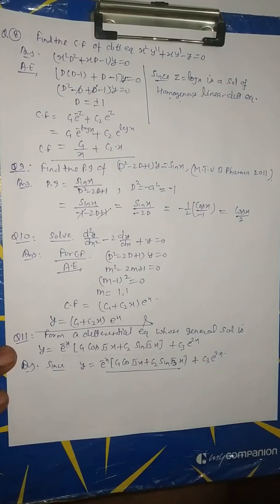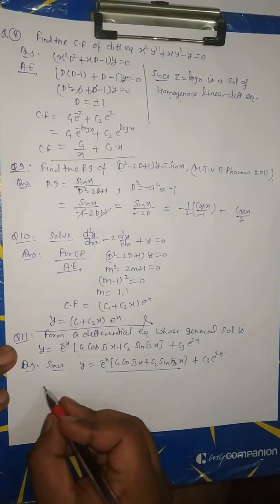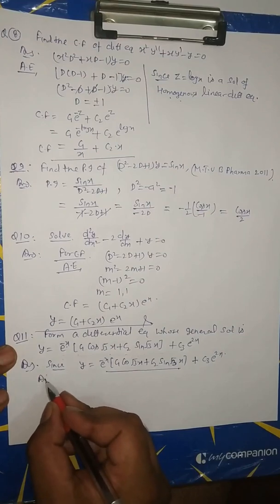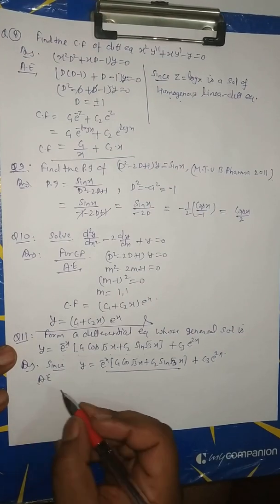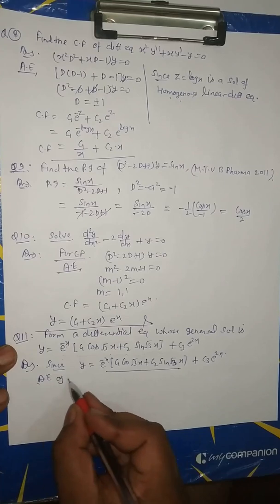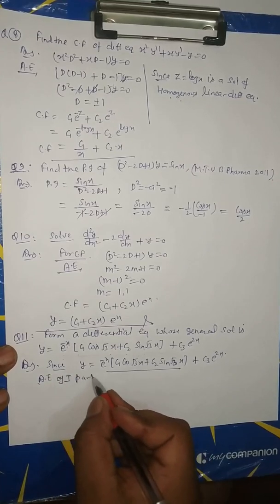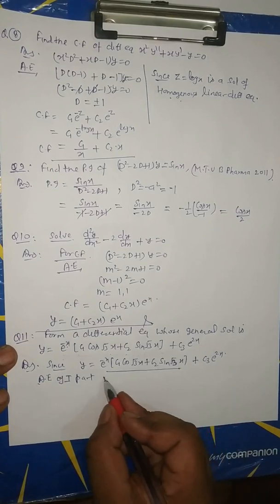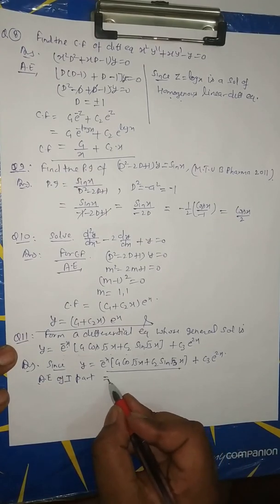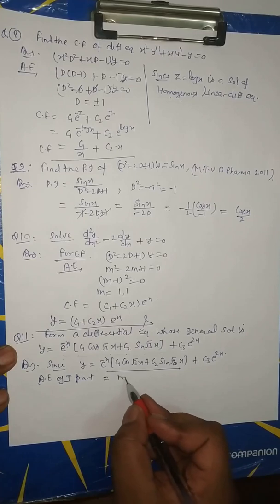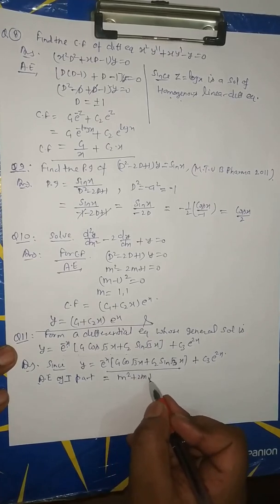Now we can write the auxiliary equation of the first part as m square plus 2m plus 4.